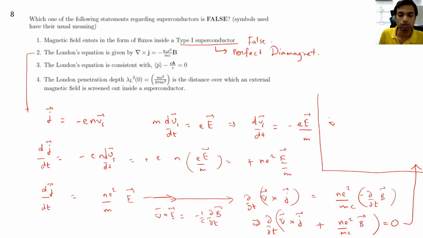So for London's equation, that constant you need to choose is 0. Okay, so this statement is correct.